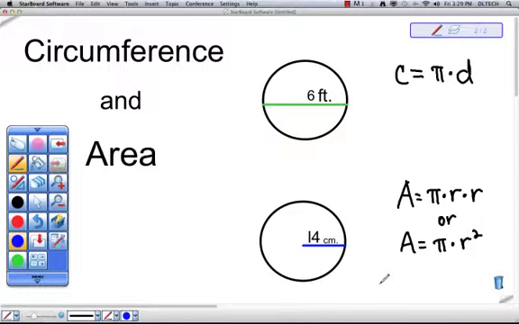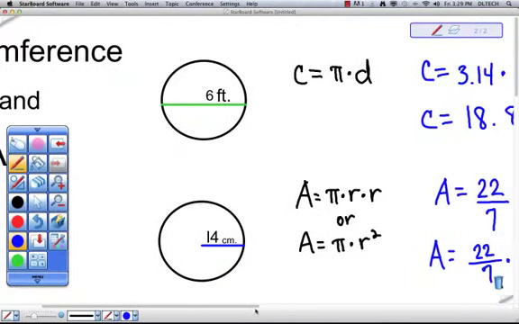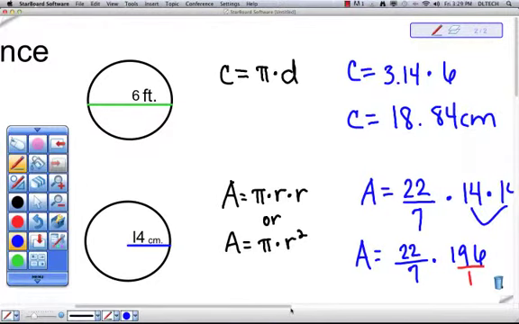If they only give you the radius, then you must find out what the diameter is by using the diameter formula. For area, or the space inside the circle, you're given pi times radius squared. You simply plug in the numbers to the formula, you take your radius, you square it, and you multiply it by pi, and it'll give you area.